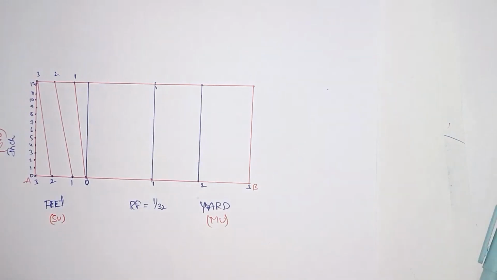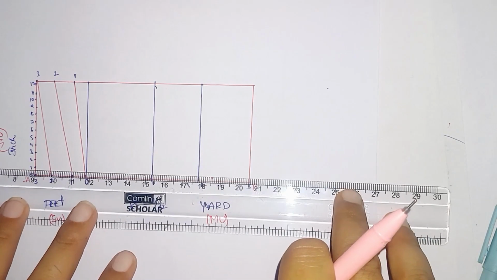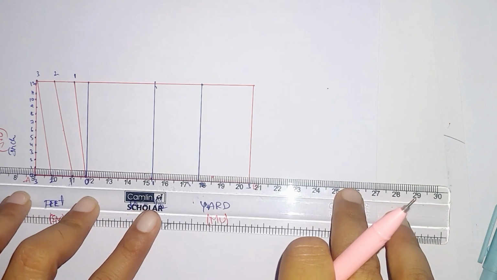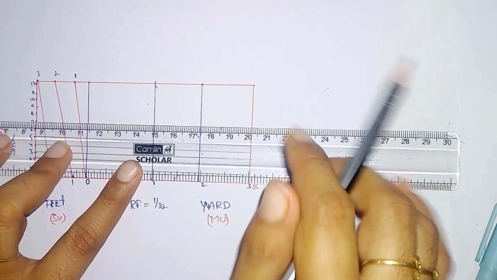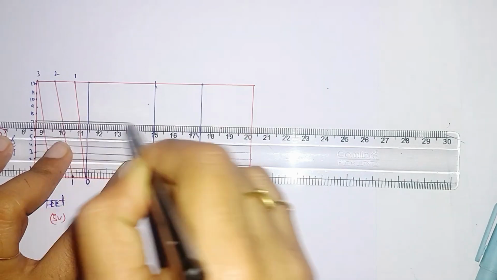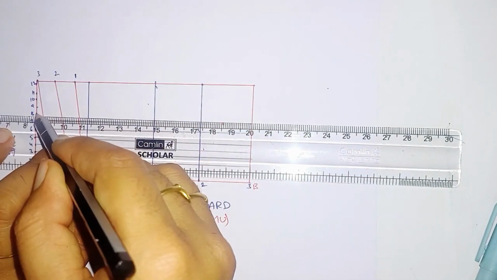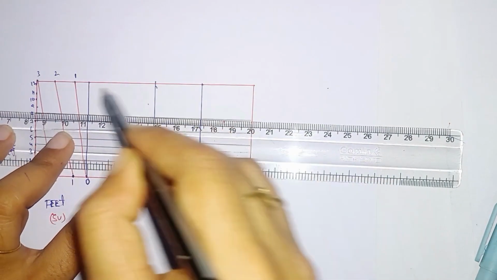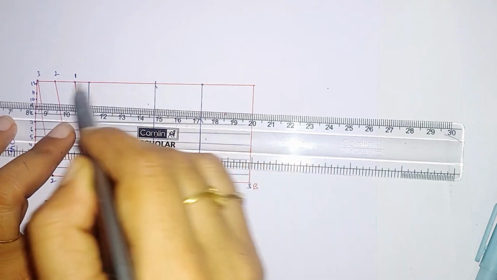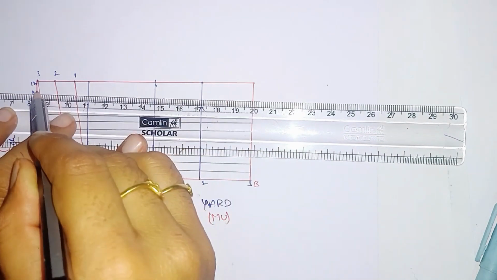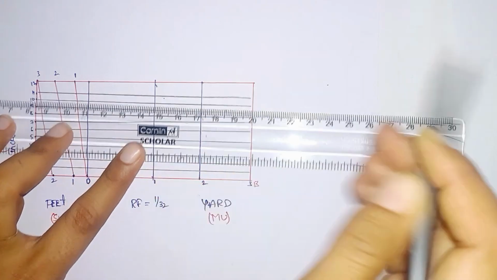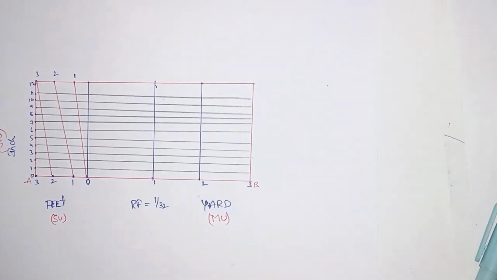Similarly divide into 12 equal divisions, then draw horizontal lines. Similarly join the horizontal lines up to 12 points. Why? Because 1 foot is equal to 12 inches. The ninth horizontal line, 10, 11 and 12. This is the diagonal scale, the construction of the diagonal scale.